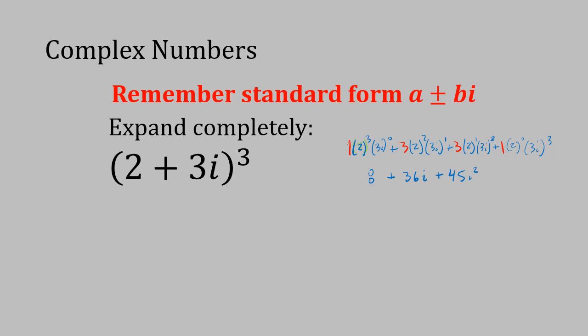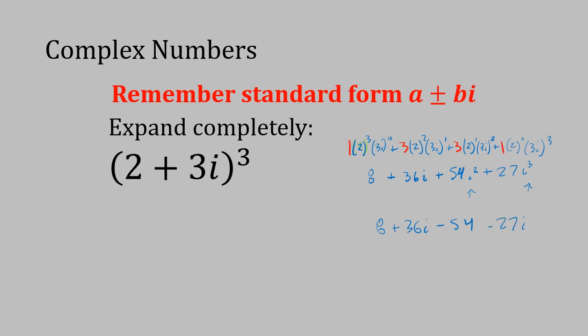And then the last one, 2 to the 0th is 1, so 1 times 1 times 27, 27i cubed. So we have 8 plus 36i, and then 54i squared is minus 54, because i squared is negative 1, and then plus 27 times negative i, so it's negative 27i.